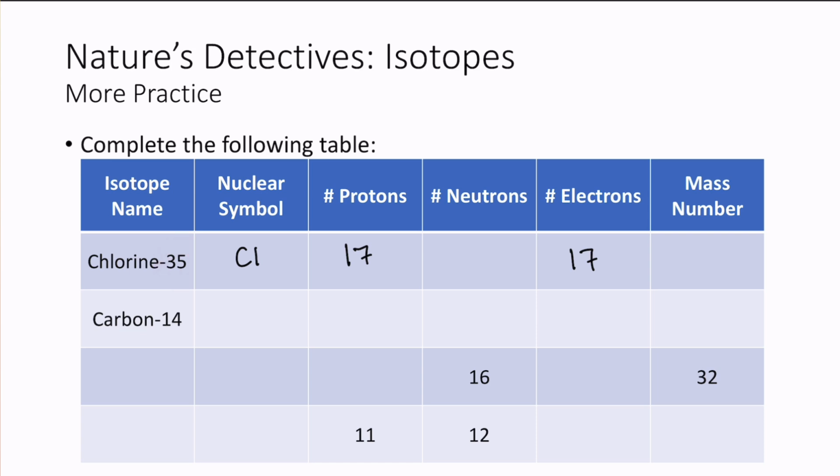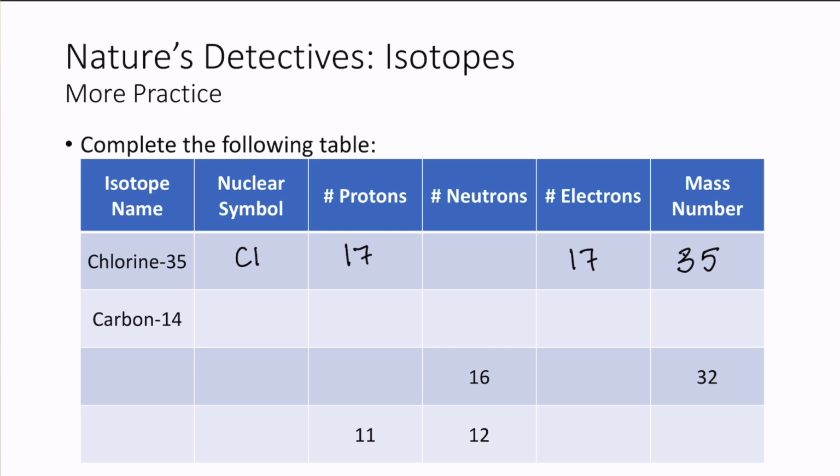Notice that I do not put 35.453 because that's the atomic mass. And we want the mass number, which will never have a decimal point because the mass number is equal to the number of protons plus neutrons. I can count those. That is an exact number. So finally, I can take the mass number and subtract the number of protons to determine the number of neutrons.